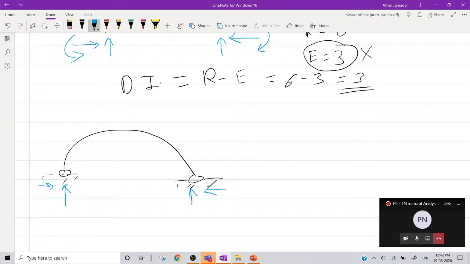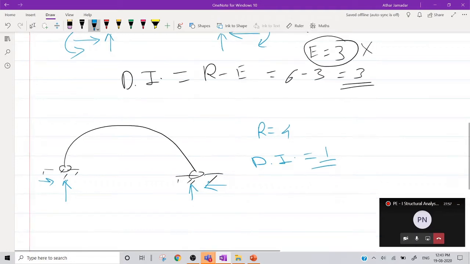Okay, so here R is going to be 4 now. E is not going to change. So di is going to be 1. So the degree of indeterminacy is 1. If your degree of indeterminacy is greater than 0, then your structure is going to be indeterminate. That means we cannot analyze the structure using the conditions of static equilibrium, that is summation Fx = 0, summation Fy = 0, and summation moment is equal to 0.